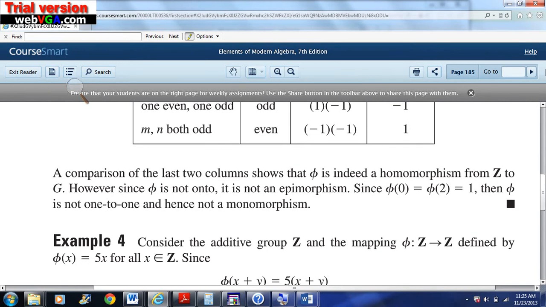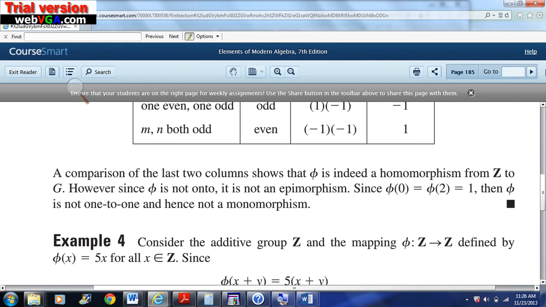However, since phi is not onto, because you're not going to get all the values in the range from the function, it is not an epimorphism. Phi is not an epimorphism.